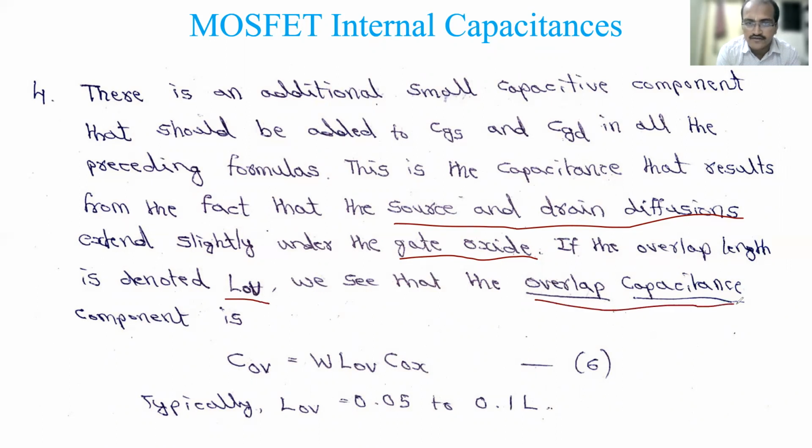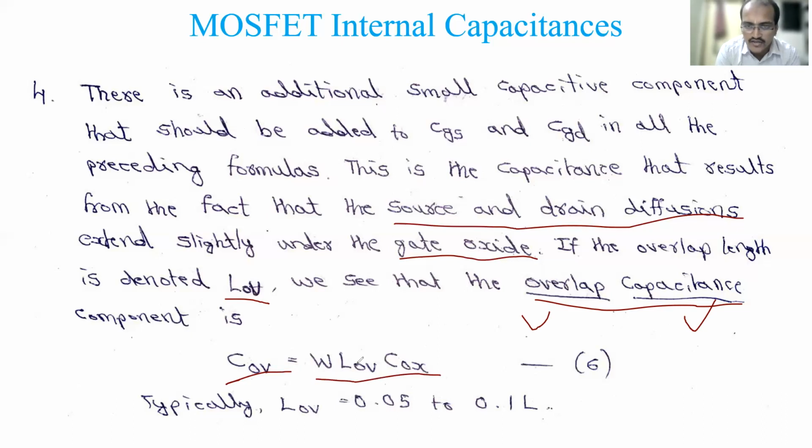It extends under the gate oxide only at the source and drain diffusions. So you have 2 N-plus regions, source and drain. At this place there is an extension, and that extended length we call LOV, and that extended capacitance we call overlap capacitance, which is given as COV equal to W LOV COX.